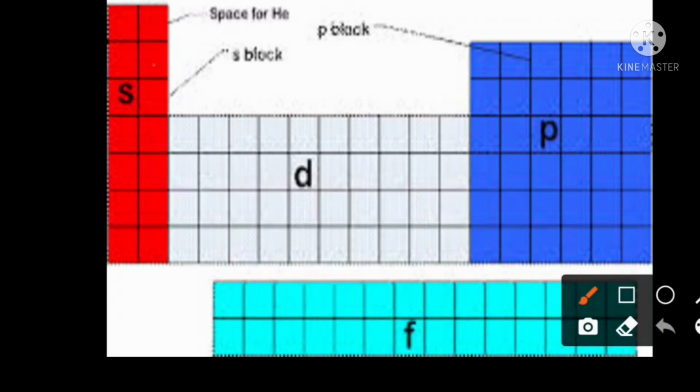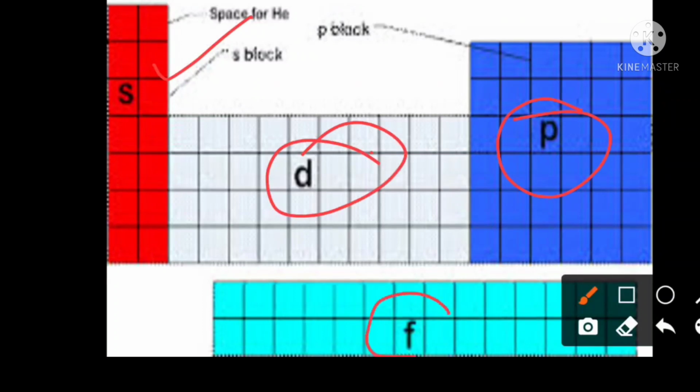They are s block elements, p block elements, d block elements and f block elements. So based on the last electron where it enters, we are classifying the elements of the periodic table into 4 categories.